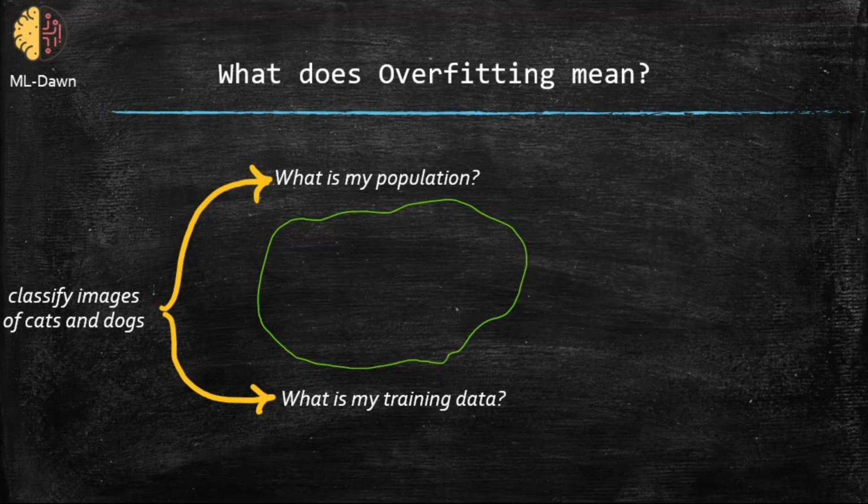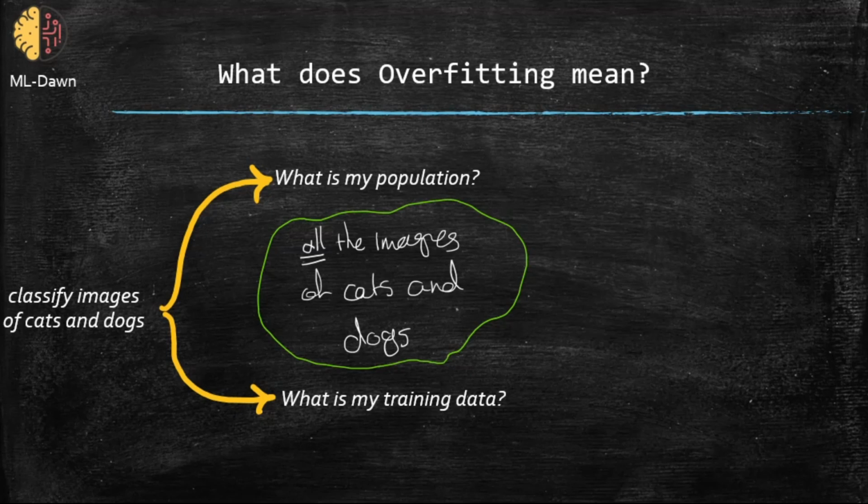It contains all the images of cats and dogs. And when I say all the images, I mean literally all the images that have ever existed and exist in the world. So that is the population of the data out there.